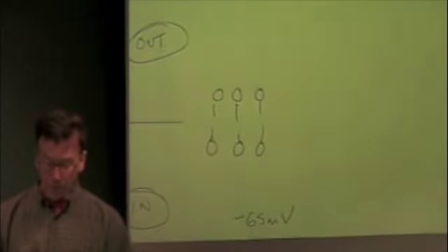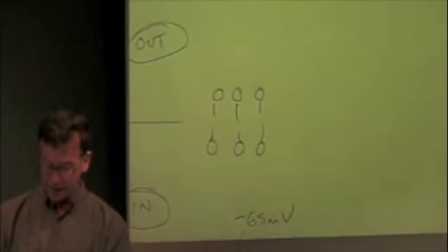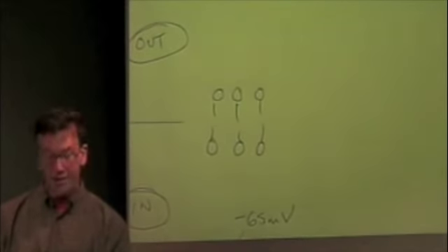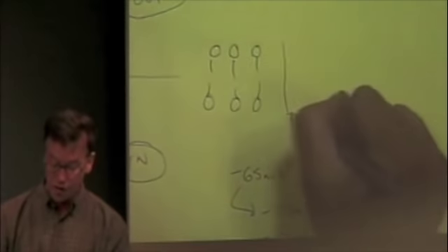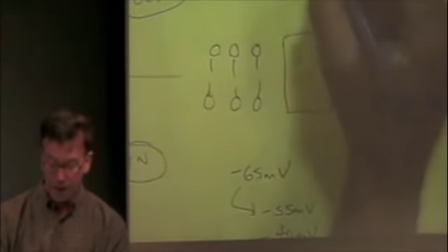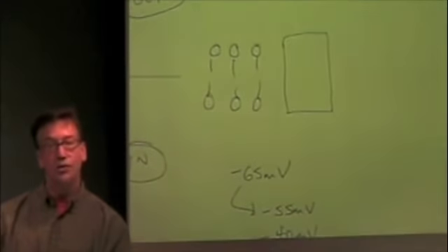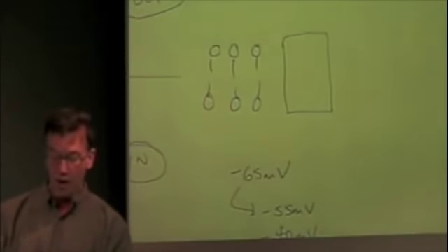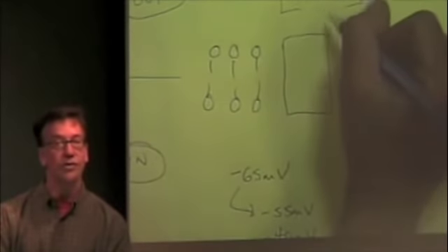One way we can reduce this, take it down to, let's say, minus 55 millivolts, or minus 40 millivolts, that's depolarizing it. We can open a channel that will allow positive ions to come in. So our great candidate for this kind of activity is, of course, the sodium ion.